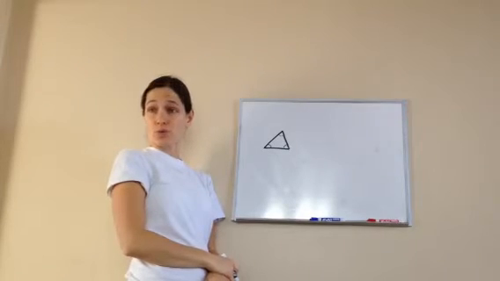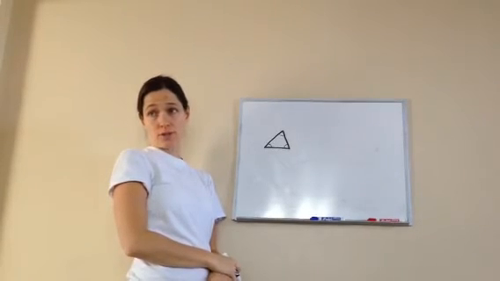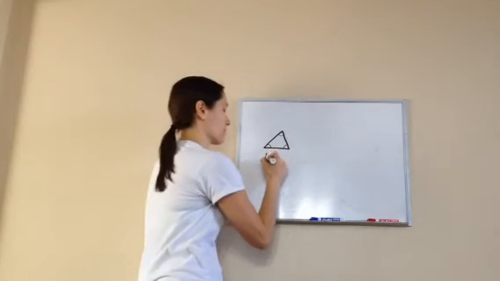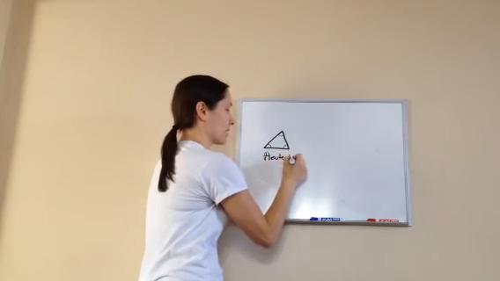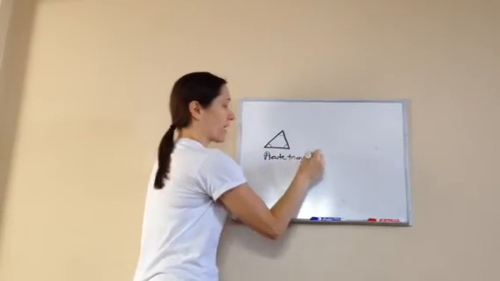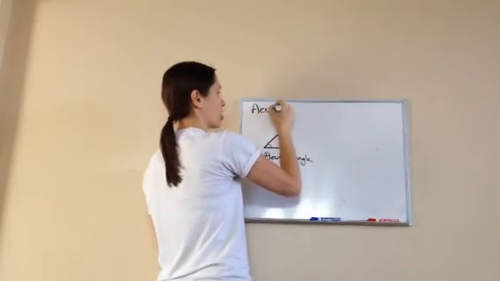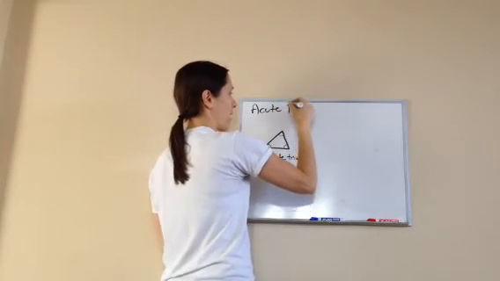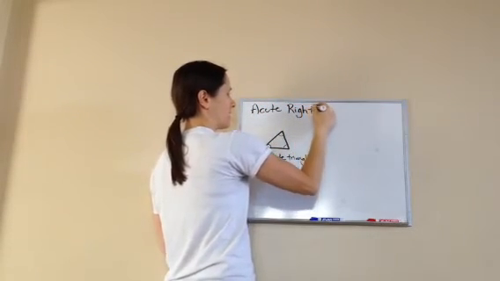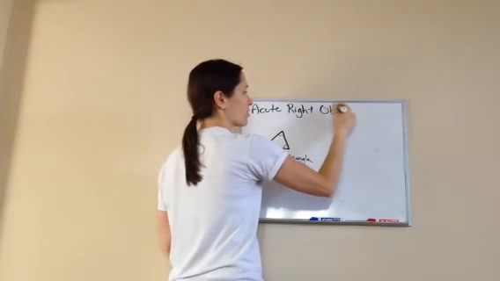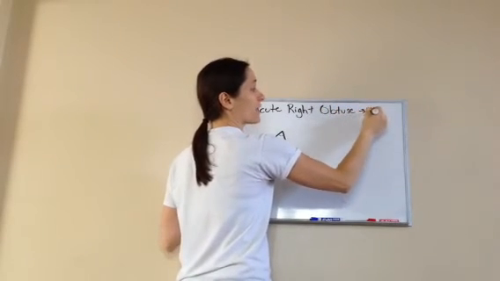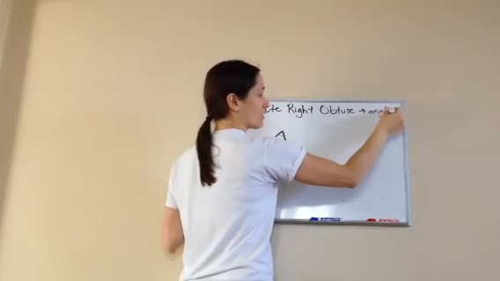Because of the angles, what would this be considered? Acute. This one's an acute triangle. So what I want you to see is that when we are talking about acute and obtuse, we're talking about the angles.